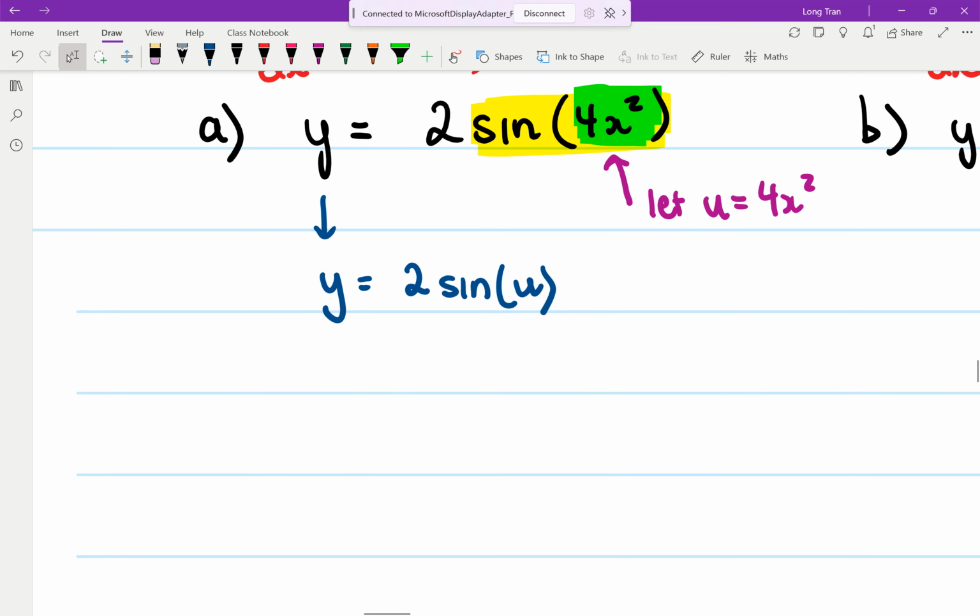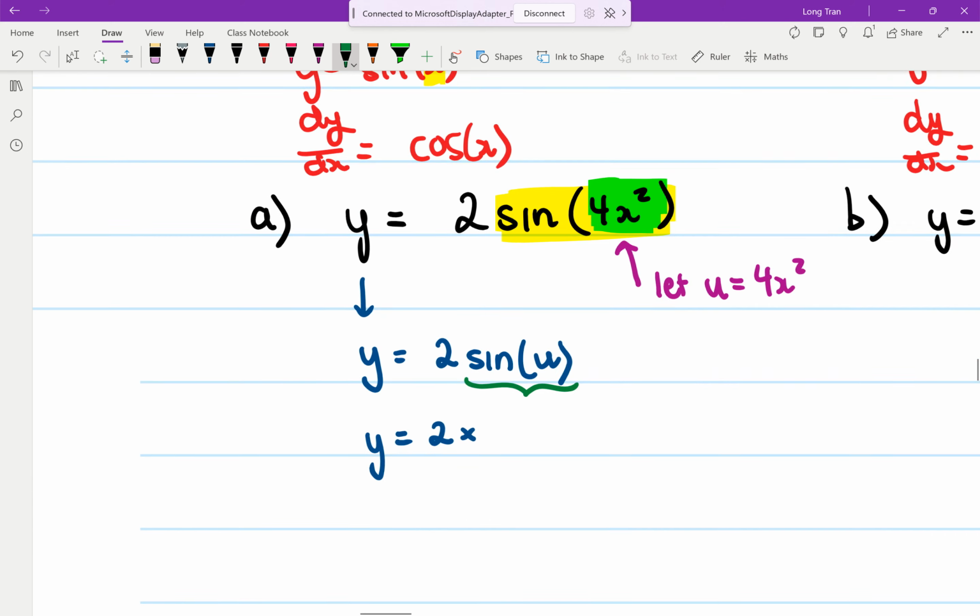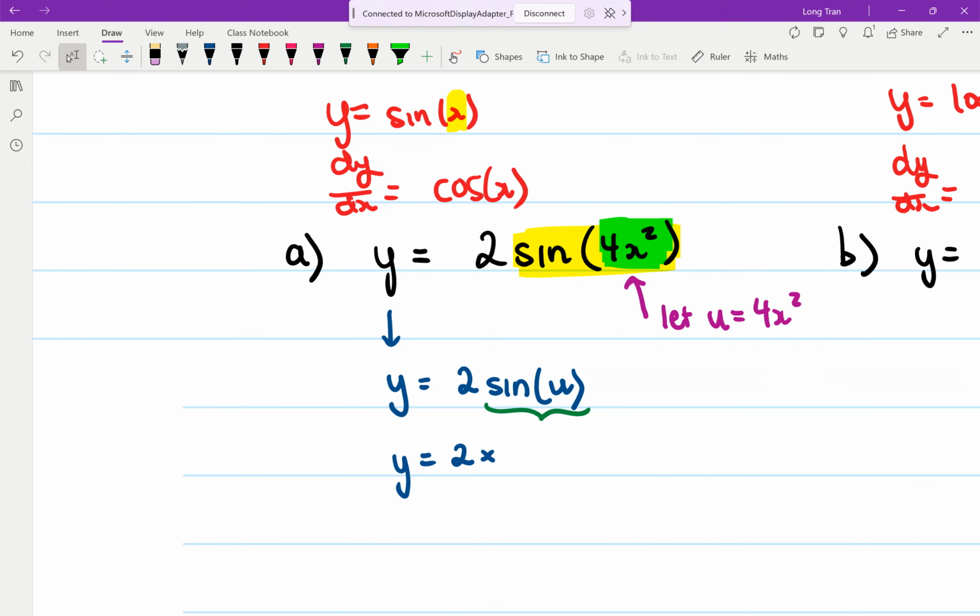So here, how do I find the derivative? Well, same thing. Remember, the 2, you don't need to derive. You only need to derive sine of u. Now, based on my rules, if y equals sine of x, the derivative of that is cos of x, then what's the derivative of sine of u? Derivative of sine of u must then be cos of u.